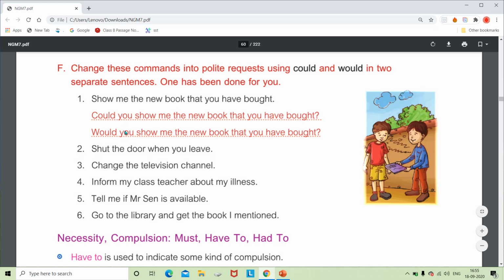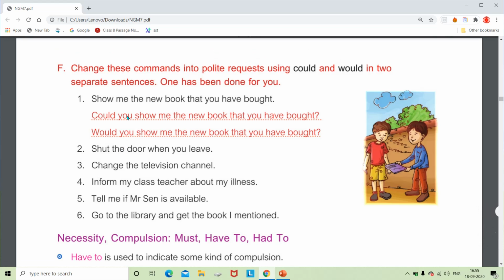Then we have to use the subject you, because whenever an imperative sentence is given, it is understood that the subject is you, the fellow who is in front of us, we are talking to them only. So for second person we can always use you, and after that, as usual, show, this is the V1 form, so with could, would, we have to use V1.